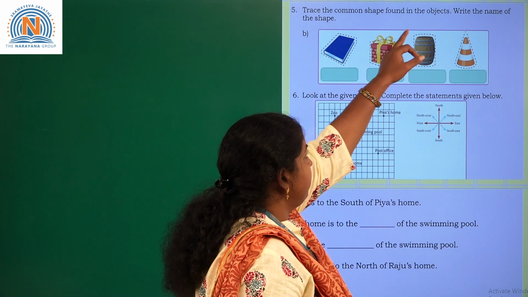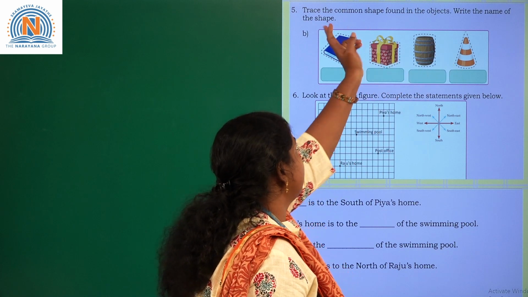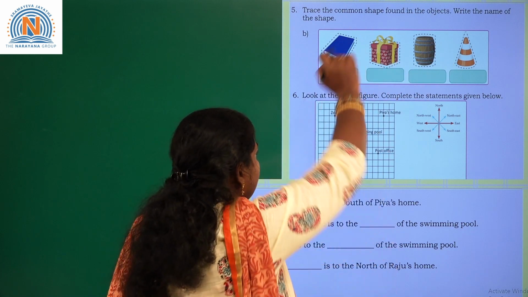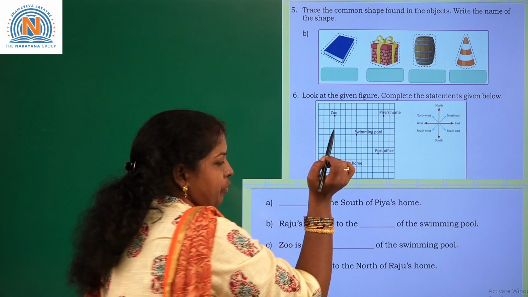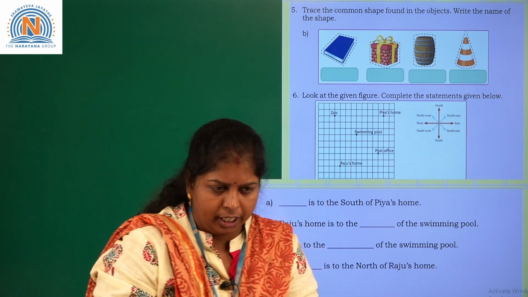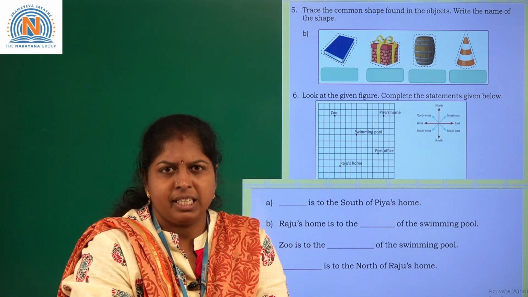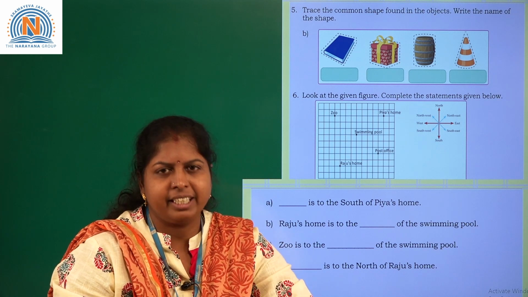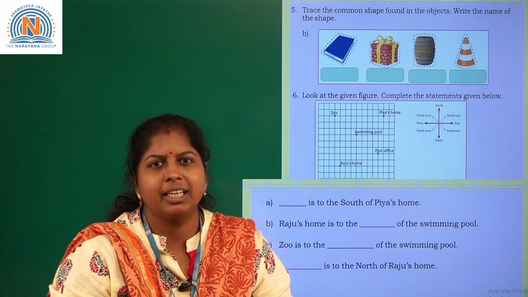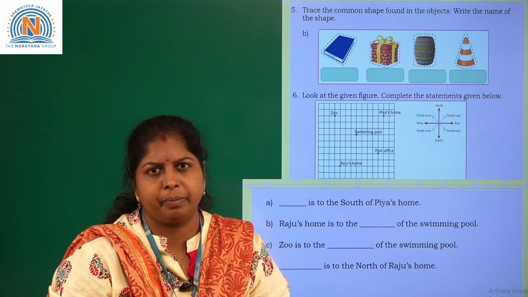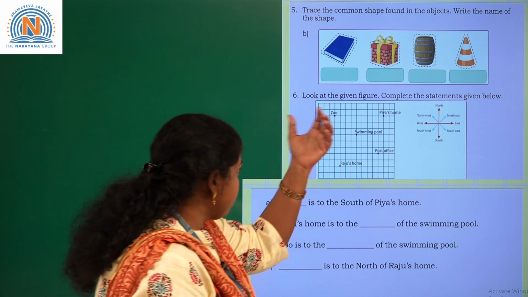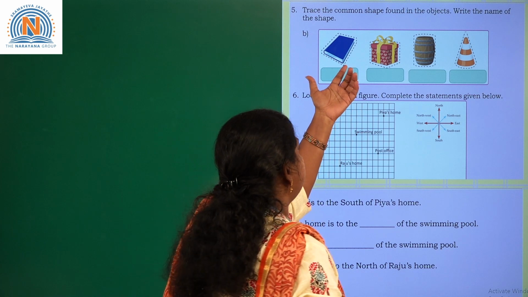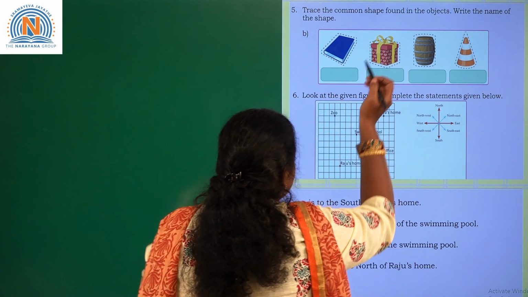Trace the common shape found in the objects. Write the name of the shape. Here, if you observe, by tracing this, if you put a book on a table or on a paper, and just trace the bottom, then you will get a rectangular shape. And from this picture, that looks like what?